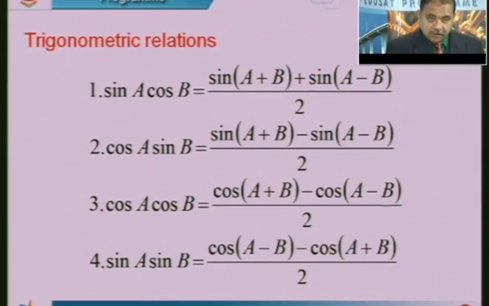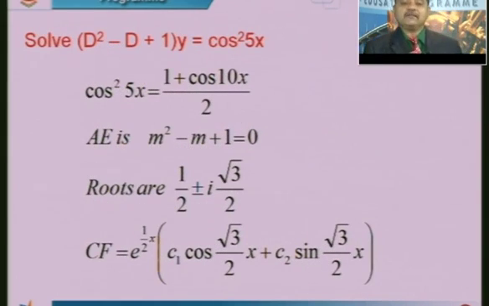Now, how to do a problem on these trigonometric relations? One or two examples I want to give you. See here, (D squared minus D plus 1) y equals cos squared 5x, a square formula.